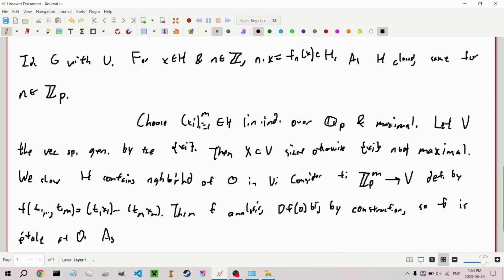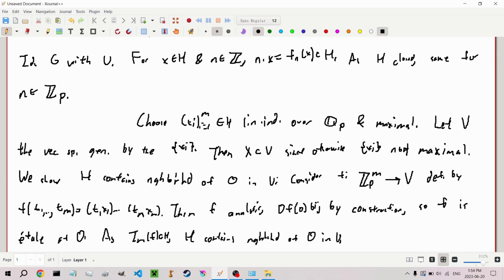As the image of F is within H, H contains a neighborhood of 0 in V.